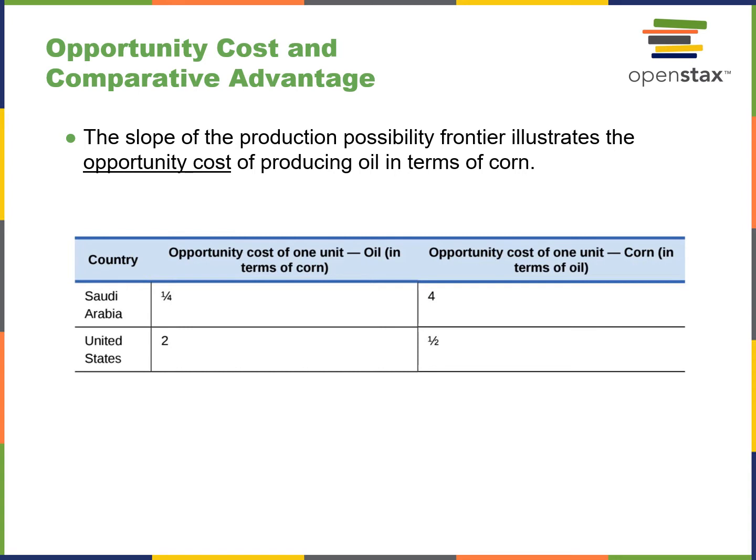Opportunity cost of 1 unit of corn in terms of oil, you can produce 4 barrels. And the United States could produce, in terms of corn, 1 unit of oil in exchange for 2 bushels. However, the other way around, it would take half a barrel of oil for them to produce more corn.